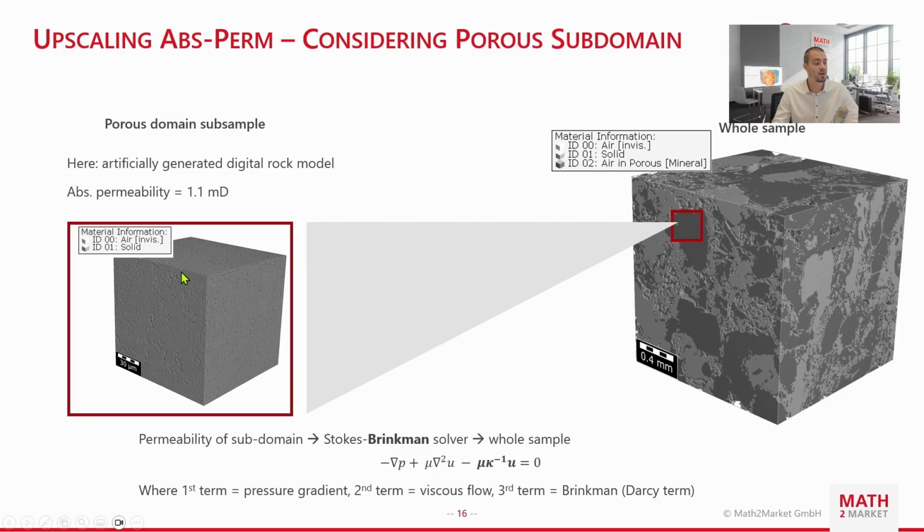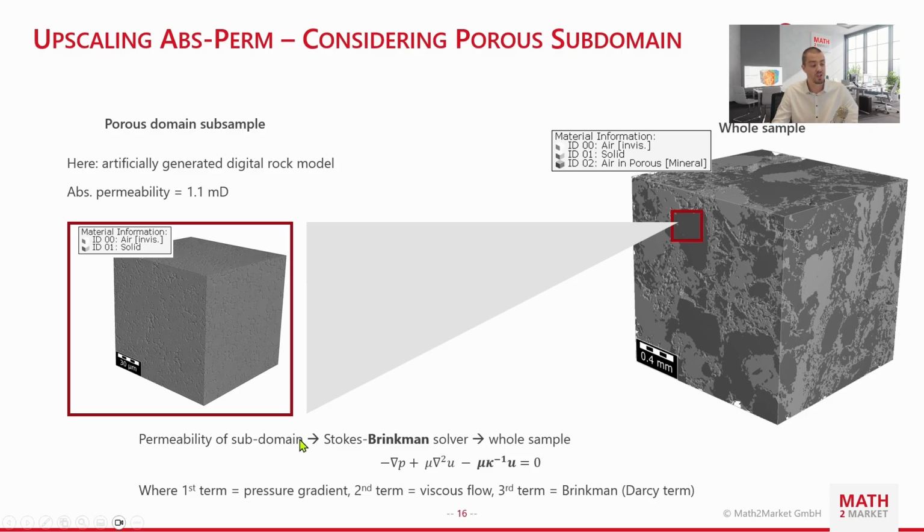In this case, we artificially generated this subsample taken from the microporous phase. So let's say that we have this image and that the prediction of absolute permeability of this sample is 1.1 millidarcies.